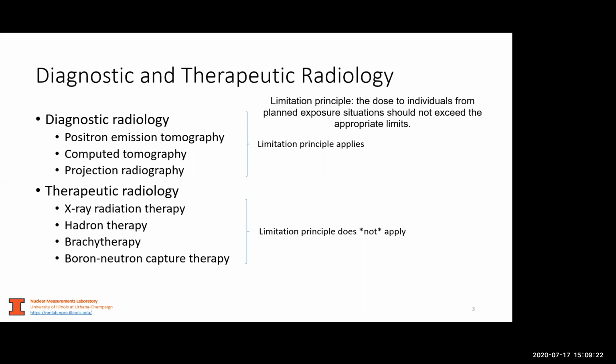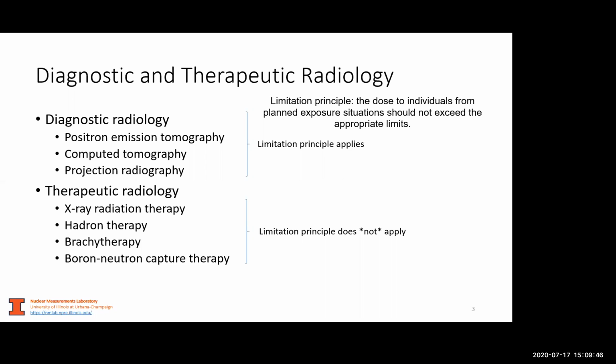Apart from the technical differences between each of these techniques, there is one main difference: the limitation principle, which states to limit the dose to individuals in planned exposure situations, does not apply in therapeutic radiology.